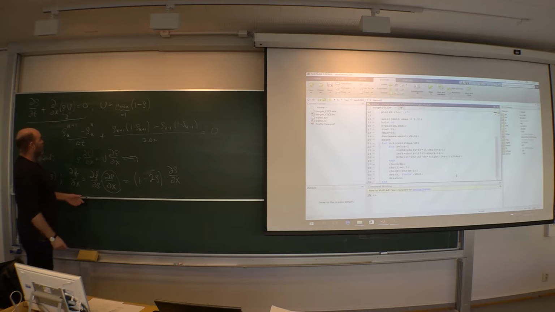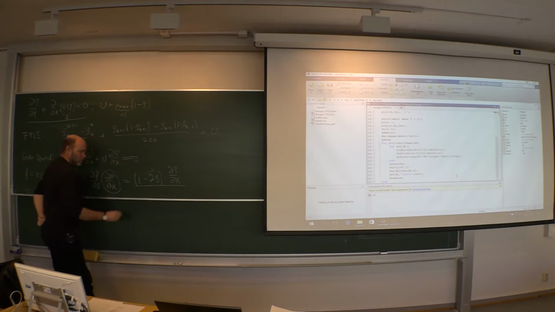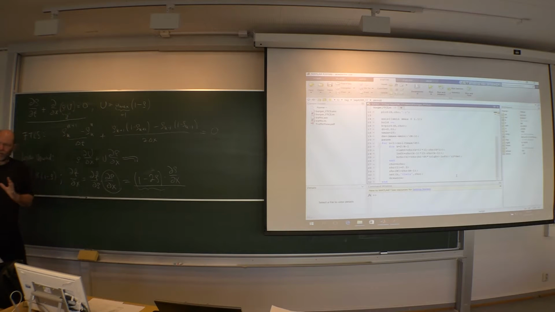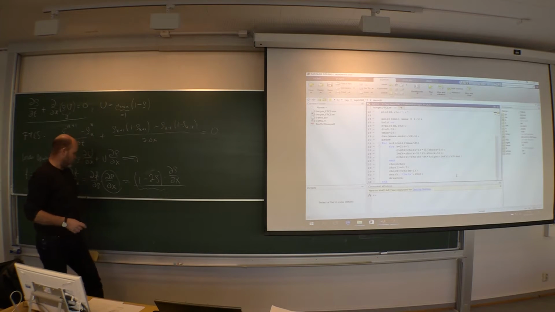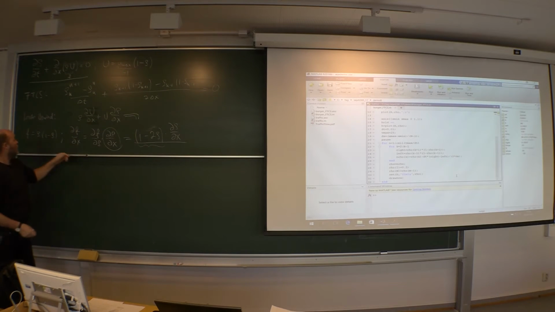So now I have this term written on this form here. So whatever is in front here, that's sort of my transport velocity, my advection velocity. So I have to check with this one, is it positive or negative? That's my recipe for this crude version of my first order upwind scheme.